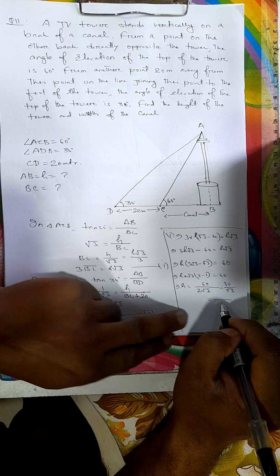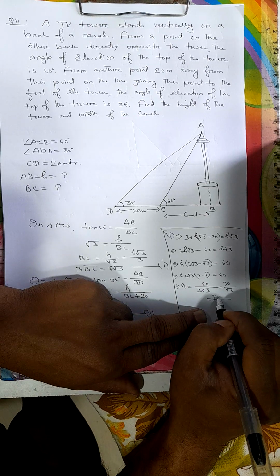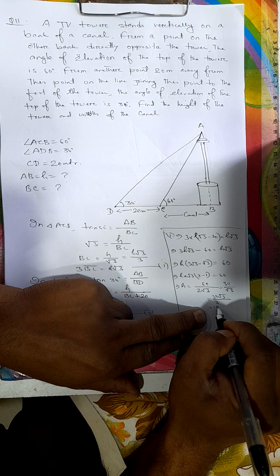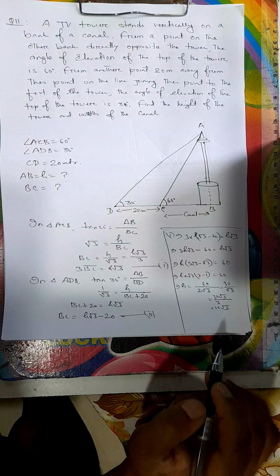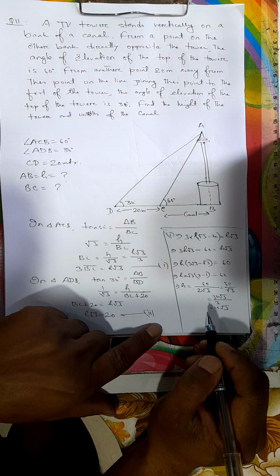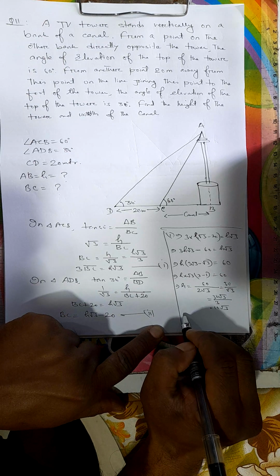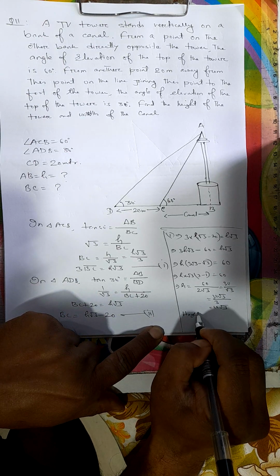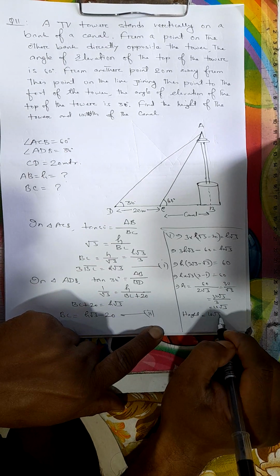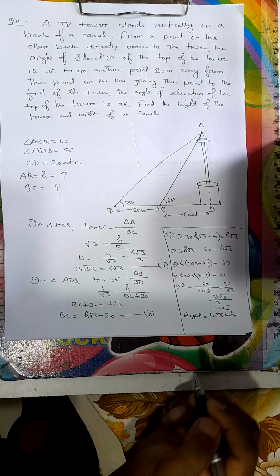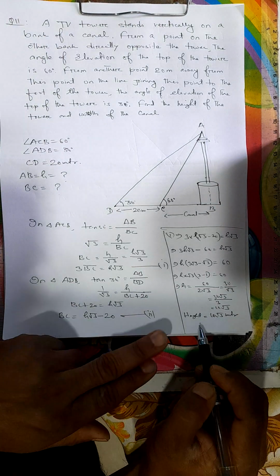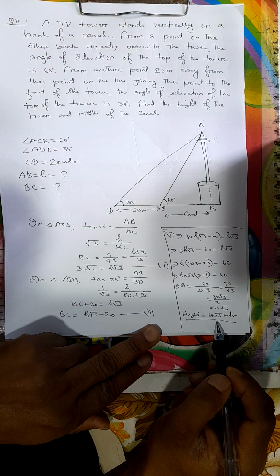So if you rationalize the denominator, 30 root 3 over 3, that is 10 root 3. So this is the height of the TV tower. Height equals 10 root 3 meters. Right? So you got the height of the tower, 10 root 3 meters.